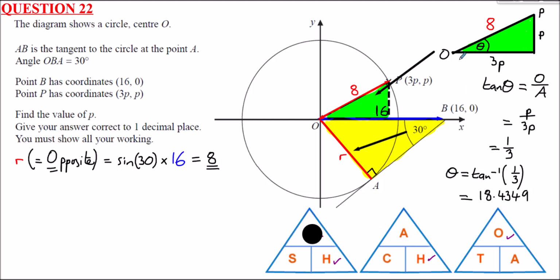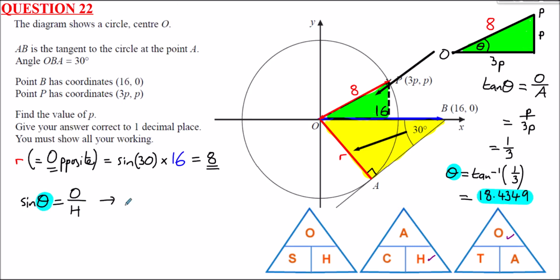So using this triangle here, sine theta is the opposite side divided by the hypotenuse. So fill in what we know. We worked out what theta was. Theta was 18.4349.